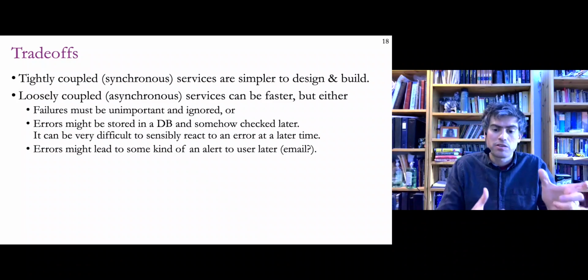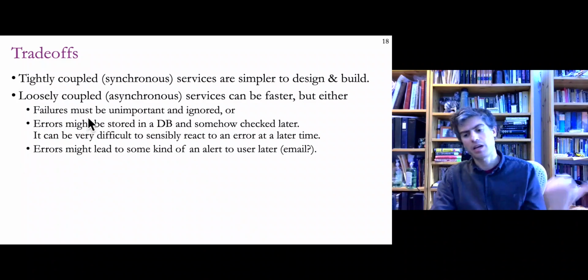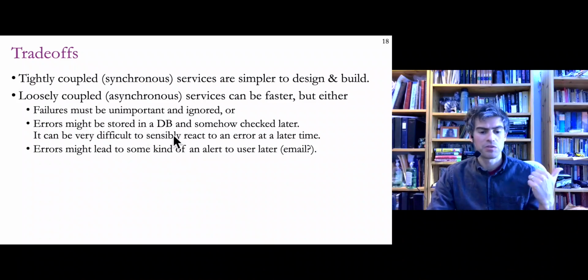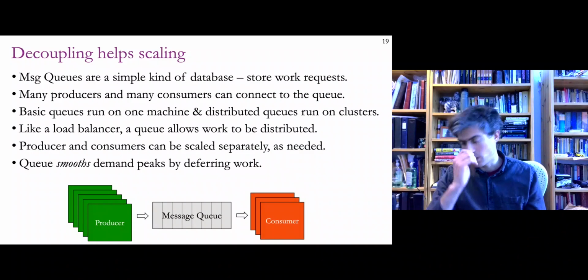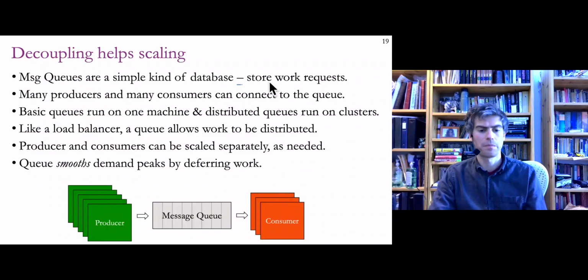In loosely coupled asynchronous systems, we can get faster responses, but then it's harder to see what happened. Like it's harder to get responses back to the client. Those might be ignored. We could have some strategies for dealing with those responses, but it's a lot more complicated. We also need to build a more complex system that includes a queue and multiple services instead of having just one monolithic synchronous service, right?